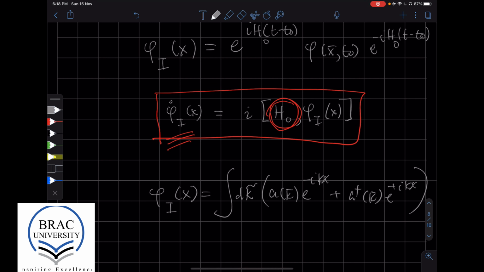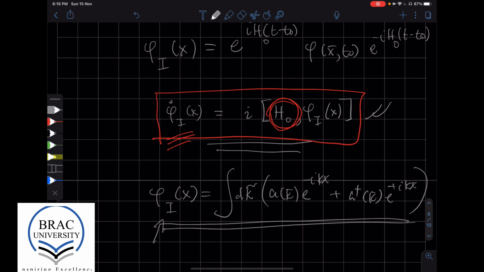Because the Heisenberg-like equation of motion satisfied by phi I is the free version of the equations of motion, we see that the field will have this nice form for all time.